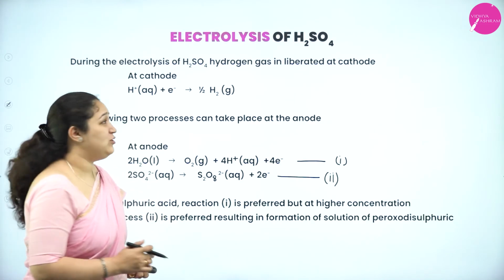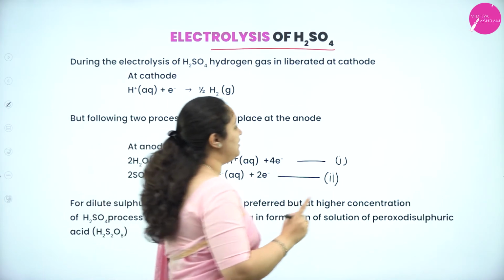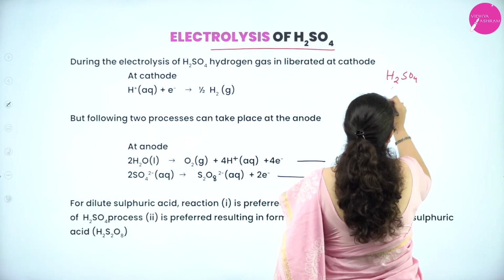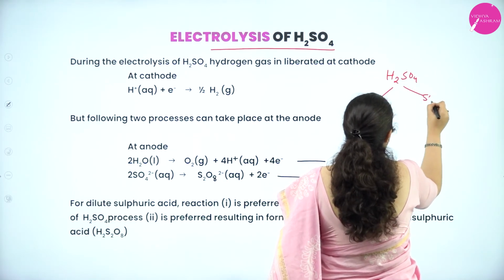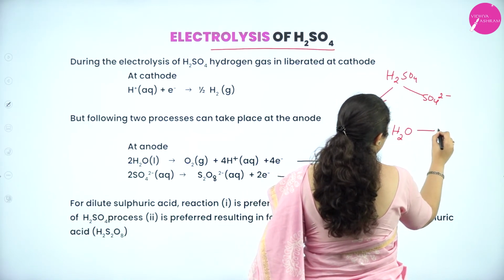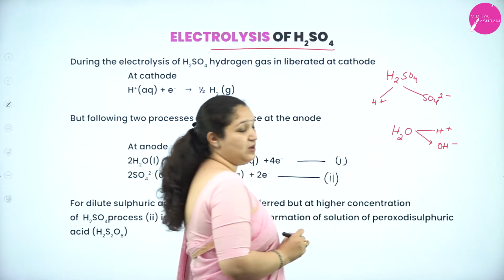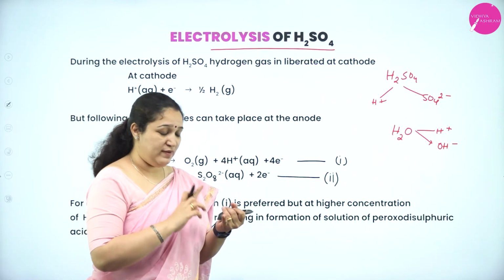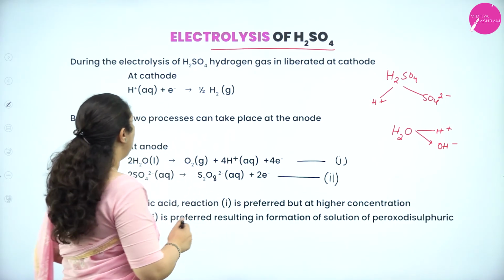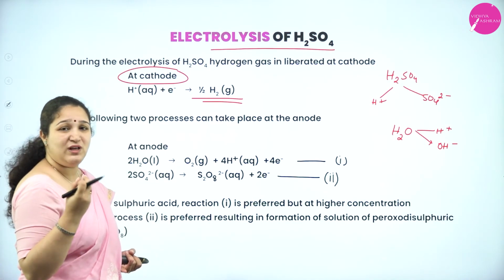Next is electrolysis of sulfuric acid. In sulfuric acid, what are the ions which we get? H2SO4 can give H+ ion and SO4 2- ion, and water, if it is a dilute solution, can give H+ ion and OH- ion. So, irrespective of whether it is concentrated sulfuric acid or dilute sulfuric acid, you are going to get hydrogen gas at the cathode, because we have only one cation.